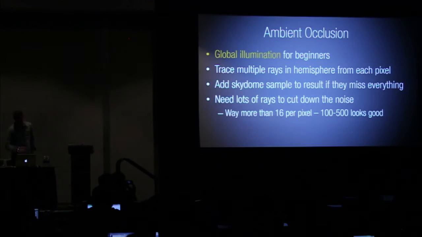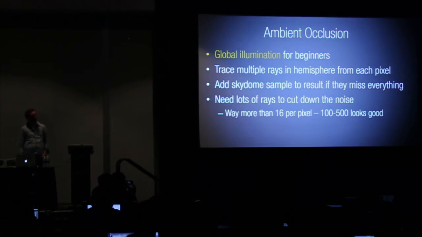Ambient occlusion is global illumination light, I guess you could call it. The idea is that you trace lots of rays, and I know this is very obvious, everyone's probably covered this many times, but you trace many rays in a hemisphere from each pixel. If the rays make it out of the scene to the sky, then they accumulate light, and if they don't, then they don't.